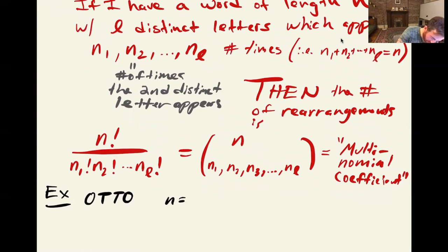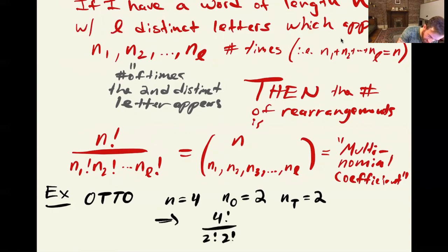The number of O's is 2, and the number of T's is equal to 2. Then this formula says that there are 4 factorial over 2 factorial times 2 factorial, which is 4 times 3, it's 12, divided by 2, which is 6, which you already verified above by writing out all of the examples.